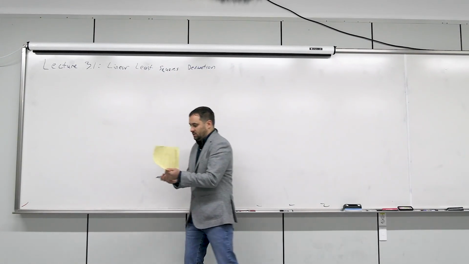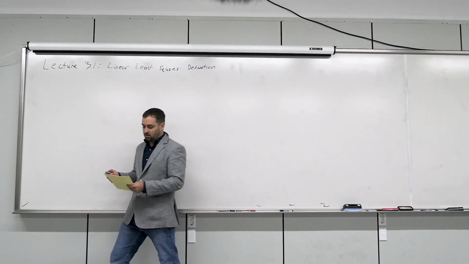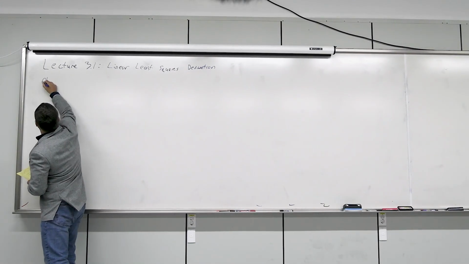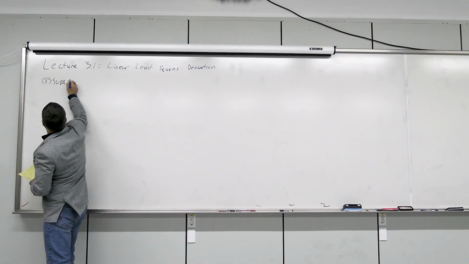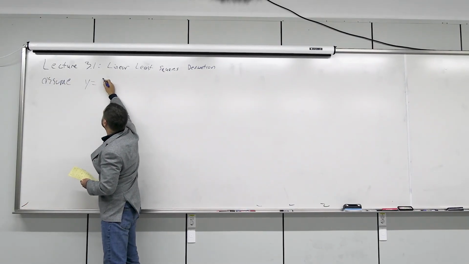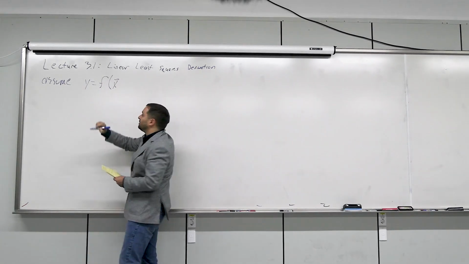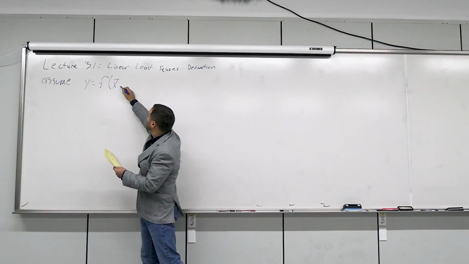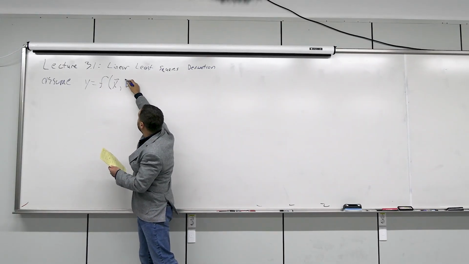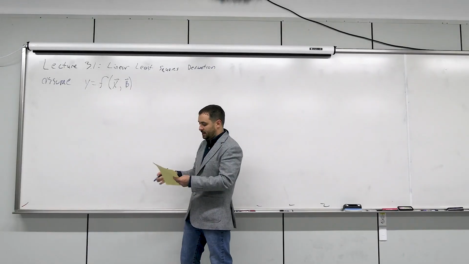Just as a quick review, in a linear parametric model, we assume the functional form y equals some function of our input vector x, which can be multivariate, and some vector of our fitting coefficients beta.